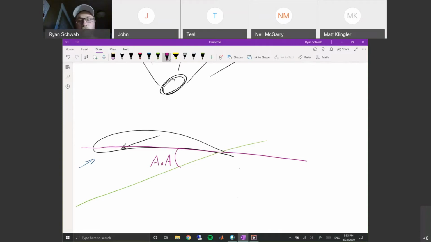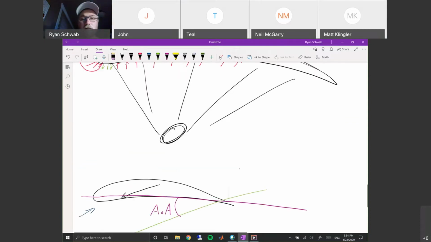Now on airplanes, you might not have the same angle of attack, and it's a little bit easier to draw because airplanes are usually flying forward rather than down at an angle. So just know if you see that angle of attack coming from a horizontal, that entails that you have horizontal motion, which we usually don't as paragliders. That's why I'm drawing it in this way. So cool, angle of attack.